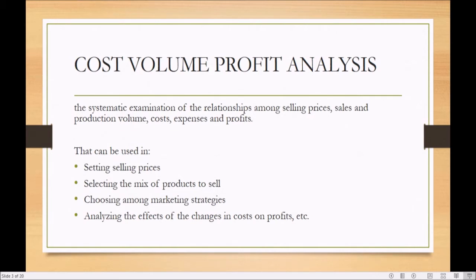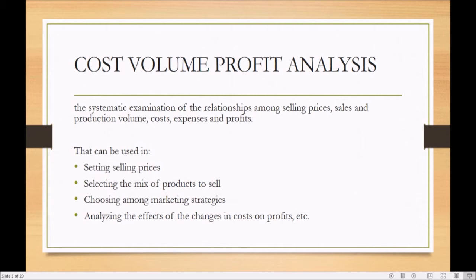That is the relationship among the selling price that we determine, the amount of sales that we achieve, the number of units produced, and then the costs and expenses related to the production of the said product, not only related to the production, but also to other costs such as the supervisor's salary, the salary of the security guard, and also the administrative costs.